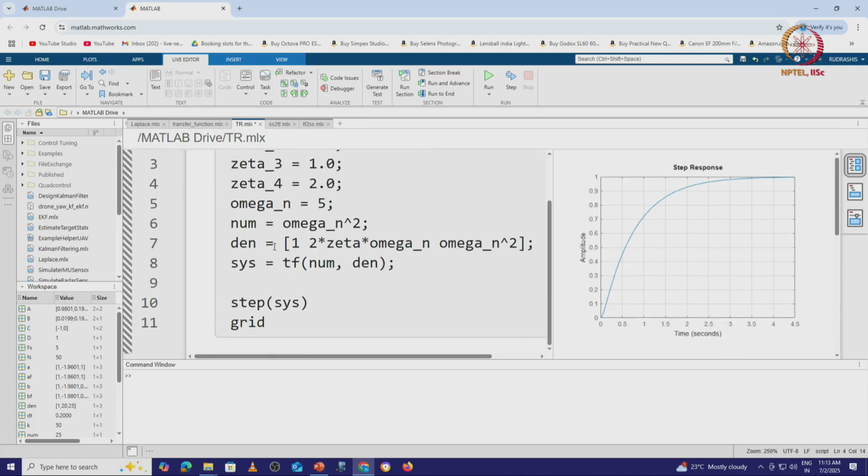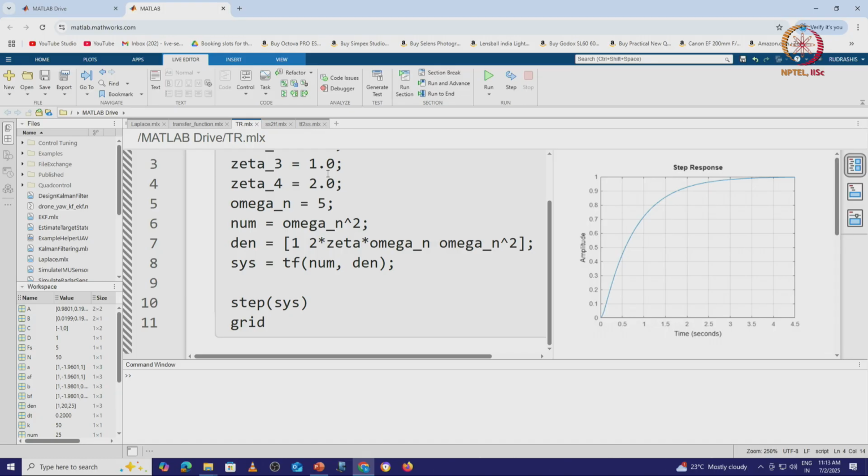You can then understand very clearly that when you increase the value of zeta, there is a trend in the transient response: the overshoot comes down, and the oscillation decays in a quicker fashion. When zeta reaches 1, we do not see any overshoot at all.